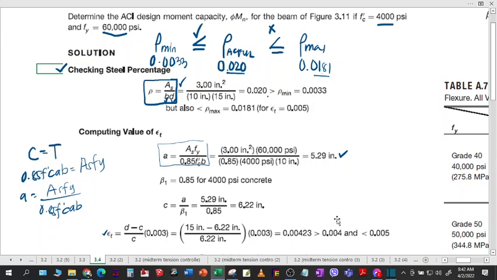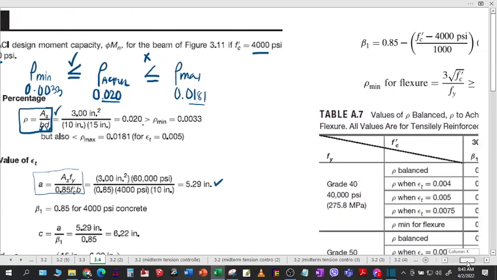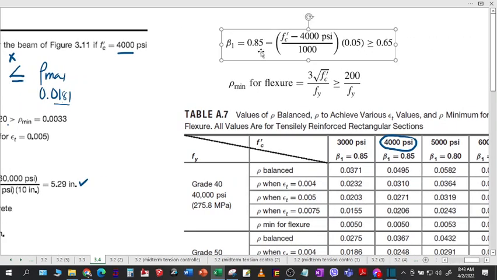And beta 1 is given as a formula in the code. This is the formula. Beta 1 is 0.85 minus FC prime minus 4,000 over 1,000 times 0.05, and it should be greater than or equal to 0.65.